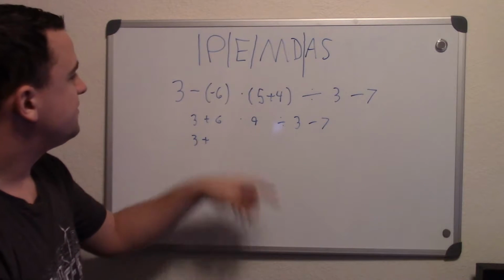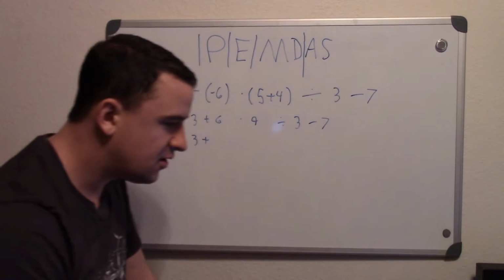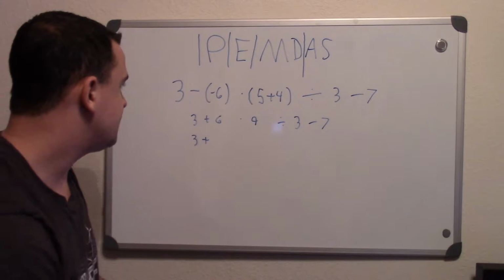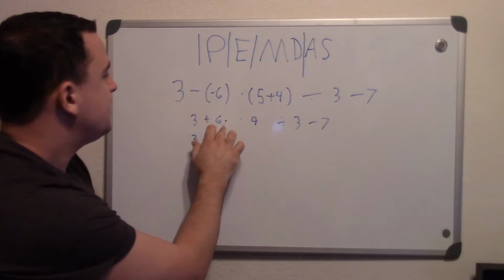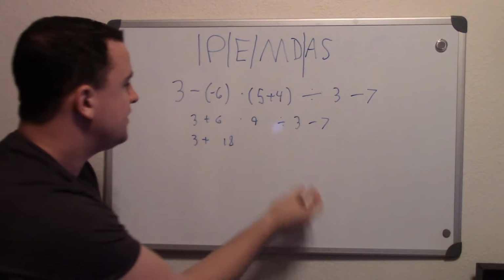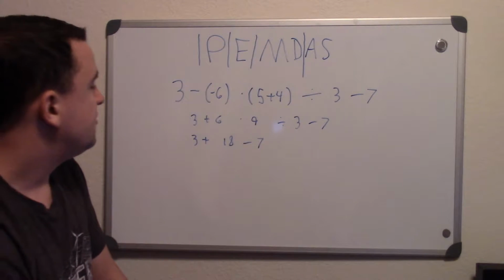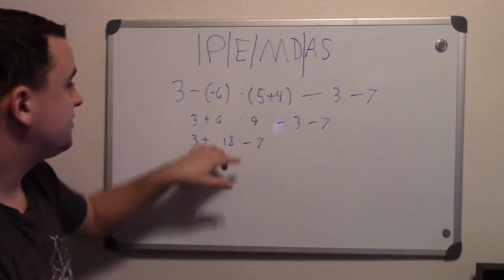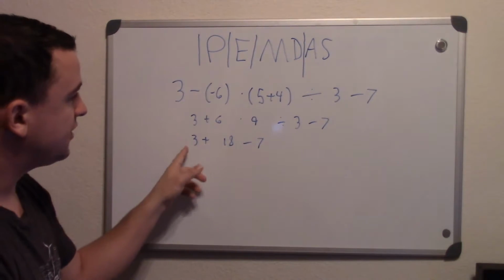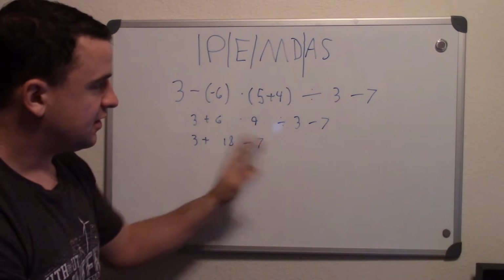So 6 times 9 is 54, let me make sure I get it right. 54 divided by 3 is 18. So all that, 6 times 9 divided by 3, is 18, minus 7. And again, we work left to right. In this case, A does come before S, but even if these were flipped, we would do 3 minus 18 plus 7 left to right.